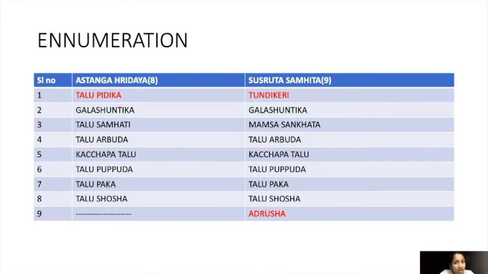According to Ashtanga Hridaya it is 8, and according to Susruta Samhita it is 9. Talu Pidika is mentioned extra in Ashtanga Hridaya, and Adrusha is mentioned extra in Susruta Samhita, but Tundikeri is mentioned in Ashtanga Hridaya in Kandha Rogas.